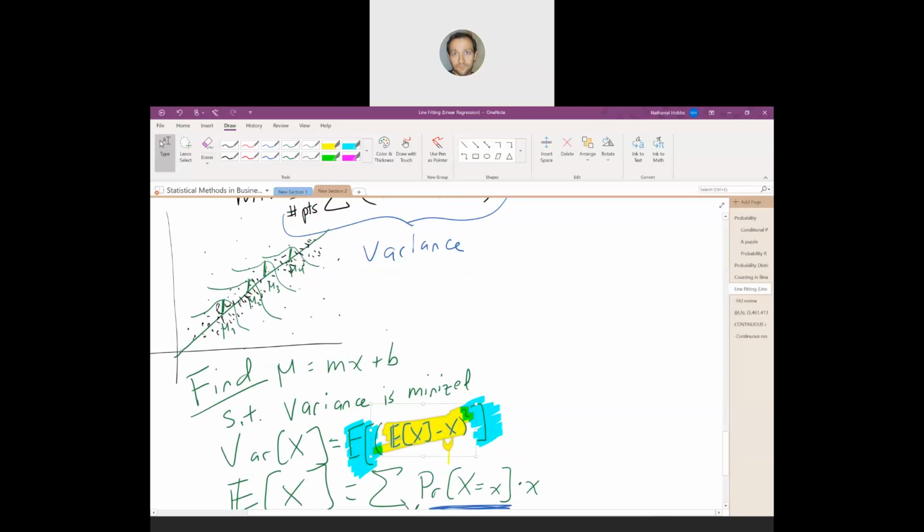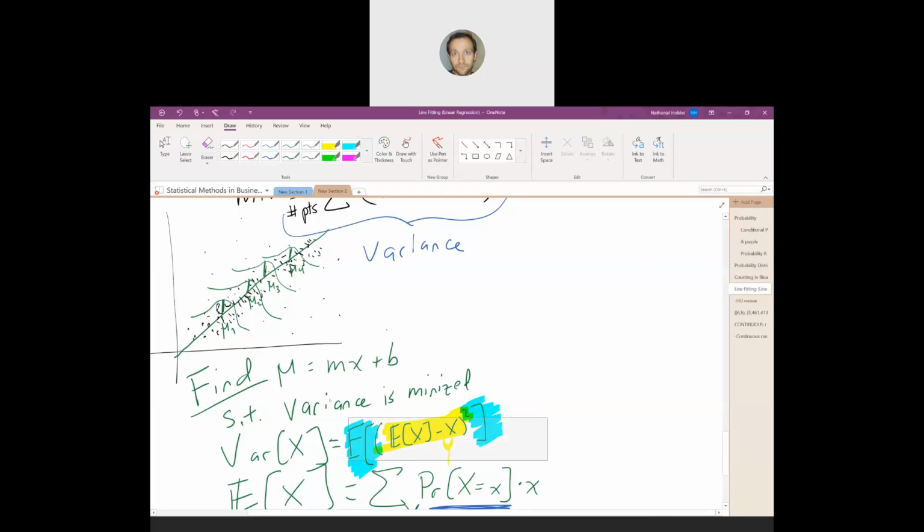That's what it means to be the expected value. It's the mean. The expected value and the mean, that's the same thing. So when x equals some value along here, you want the mean to lie somewhere. So this is the distance of the point to the line. And then you square it. Why do you square it? Because that's the definition of variance. It's the squared difference away from the expectation.